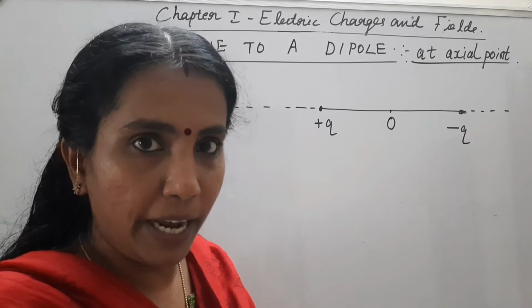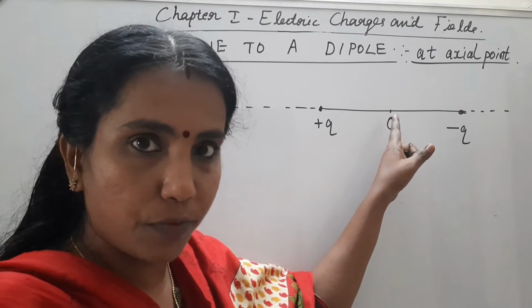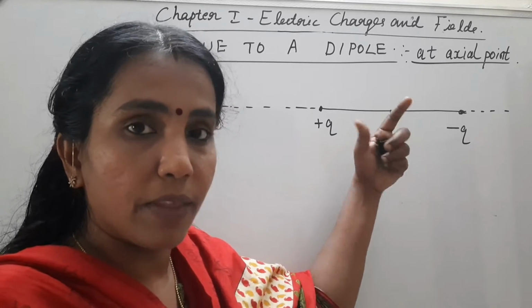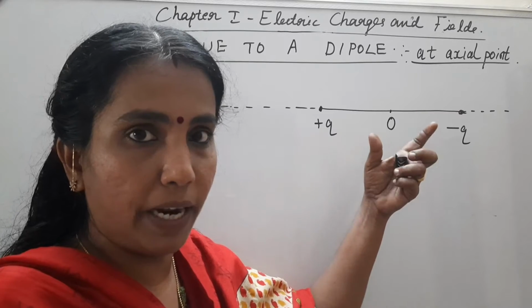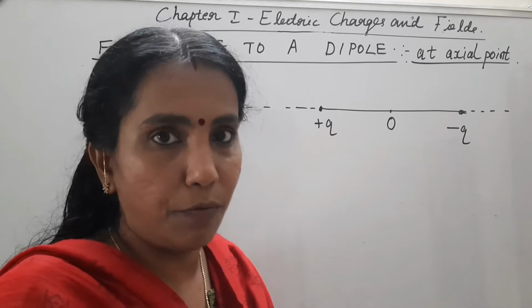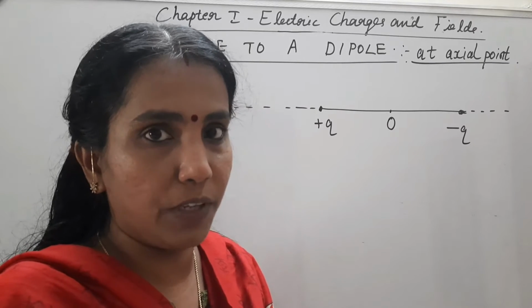So, the equatorial plane means a plane which is perpendicular to the axis of the dipole and at the same time passes through the center of the dipole. At any point on the equatorial plane, we can find the expression for the electric field. That is the second part of the derivation.